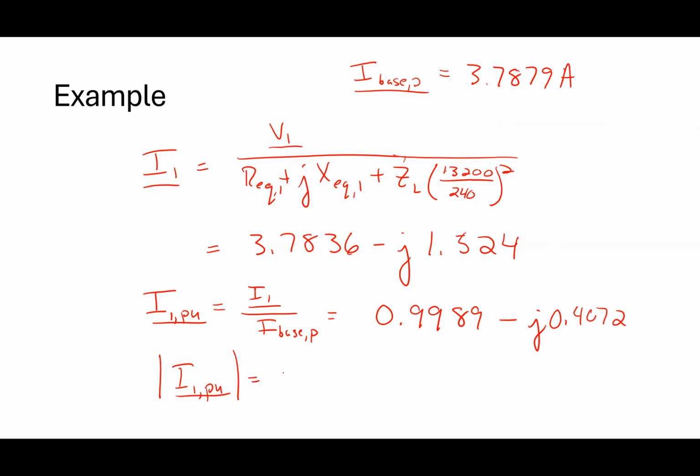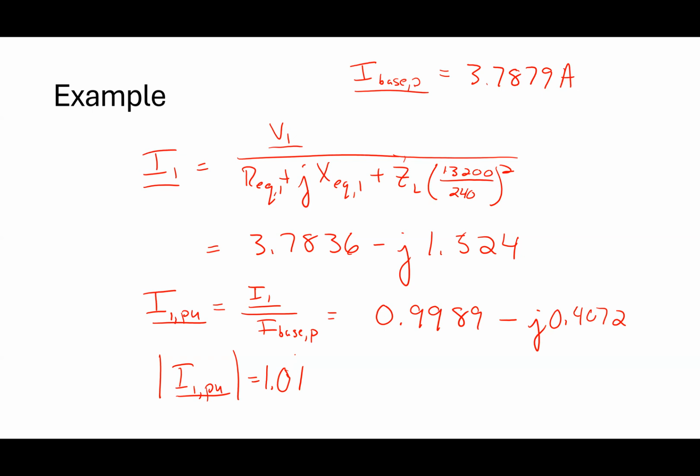it works out to be 1.01. So what's that telling me? If the magnitude of that current is 1.01 in this per unit system, what's that telling me? Well, that's what I'm asking you. What does that represent, the I1 PU?